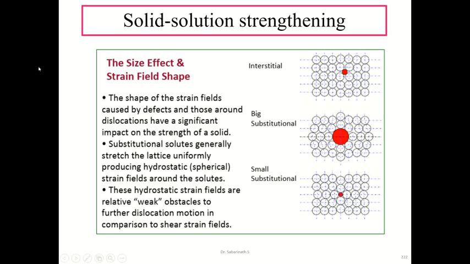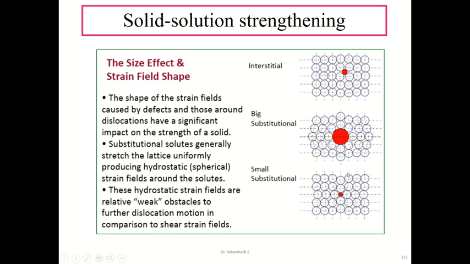Next we can see the size and effect of strain field shape. The shape of strain fields caused by defects and those around the dislocations has a significant impact on the strength of a solid. Substitutional solutes generally stretch the lattice uniformly, producing hydrostatic strain fields around the solutes.